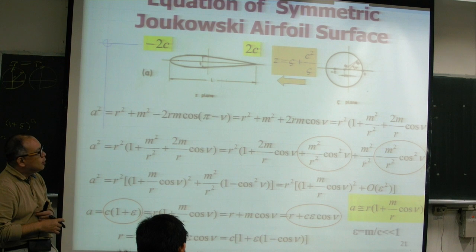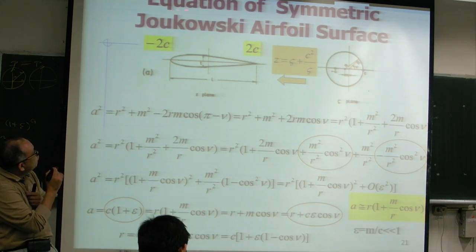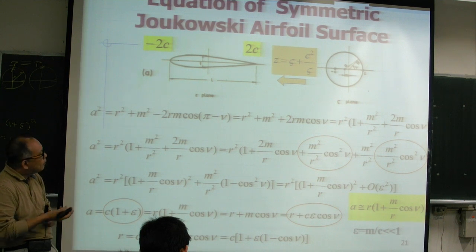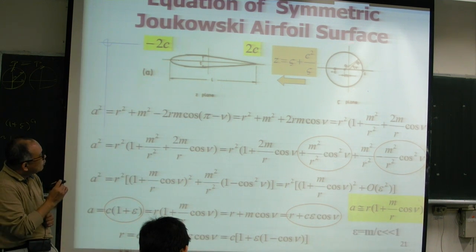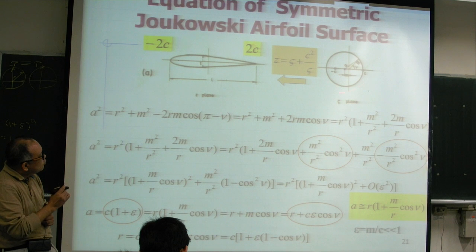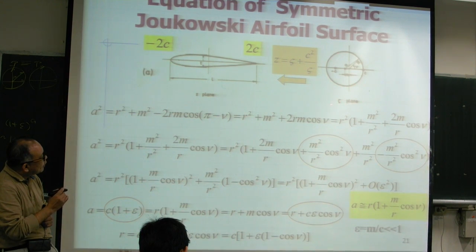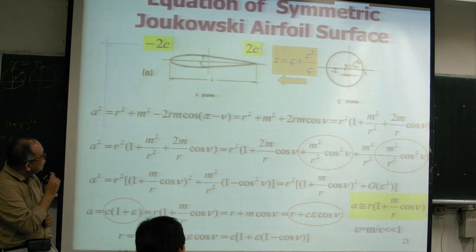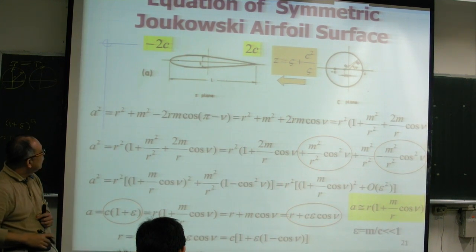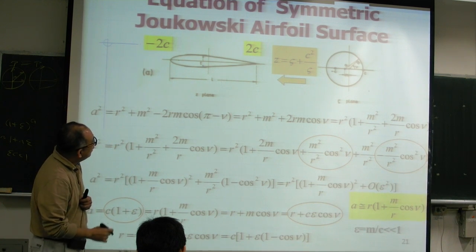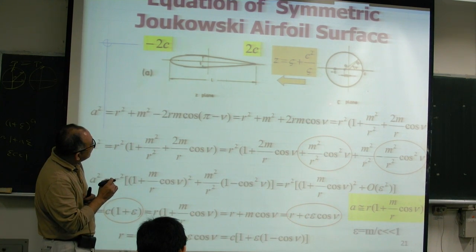So how do we calculate the equation for the Jacobi foil surface? Again, we apply this Jacobi transformation. This is a circle in the zeta plane. Through the Jacobi transformation, we will find this surface here.